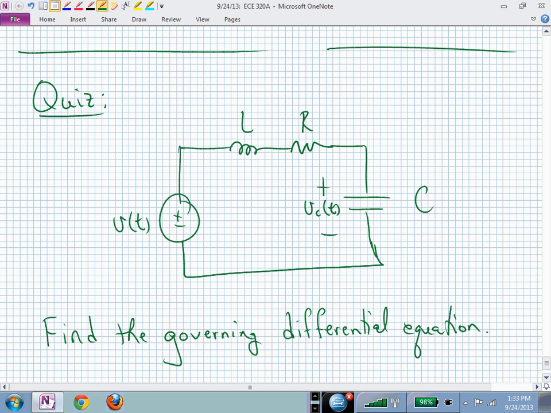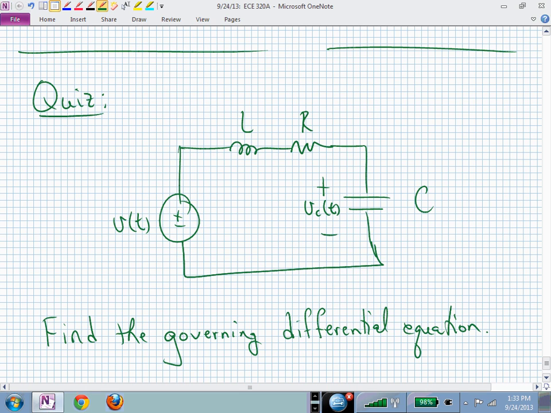So, good. So did everybody catch that? Here's how I like to think about it. You have two energy storage devices in this circuit, don't you? You have a capacitor and its electric field, and you have an inductor with its magnetic field.